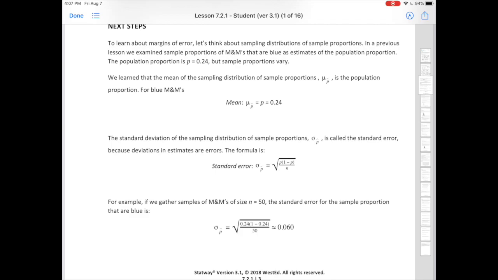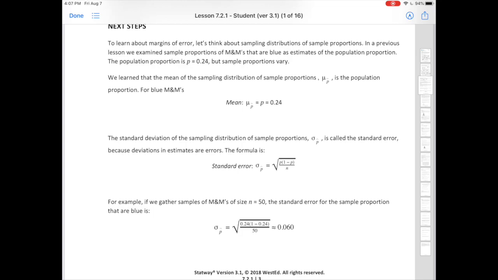In a previous lesson, we examined sample proportions of M&Ms that are blue as estimates of the population proportion. The population proportion is p equals 0.24, but sample proportions vary. We learned that the mean of the sampling distribution of sample proportions, mu sub p hat, is the population proportion.